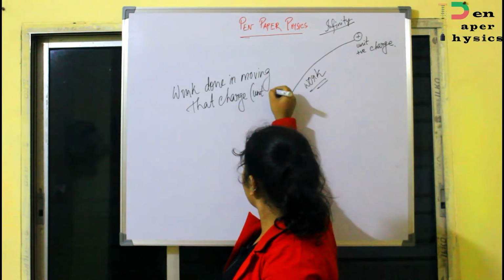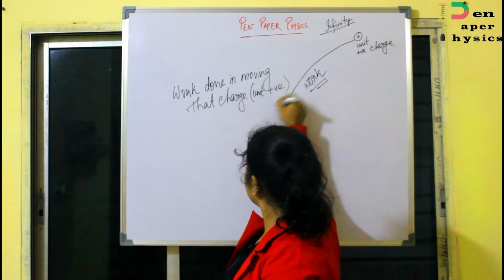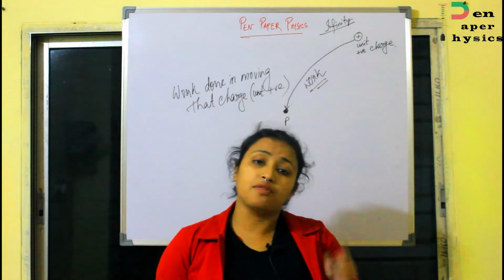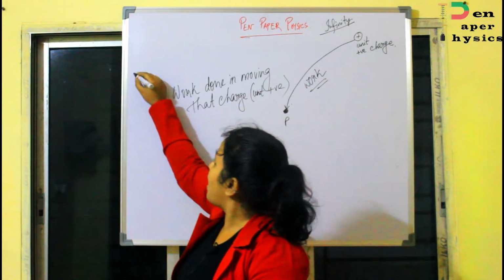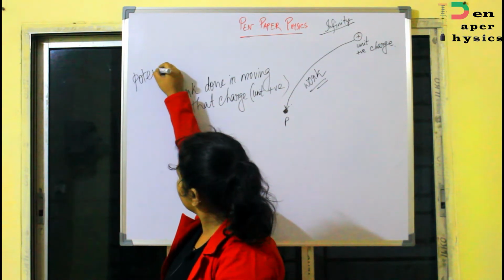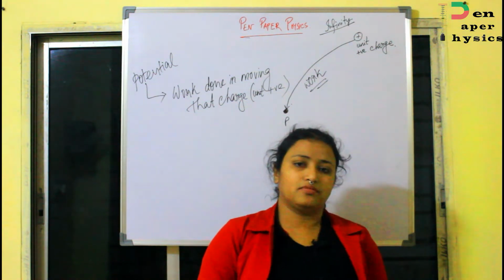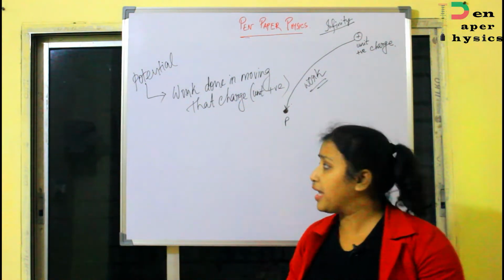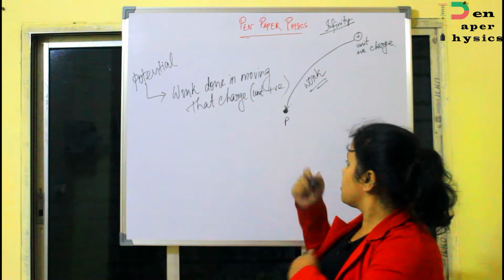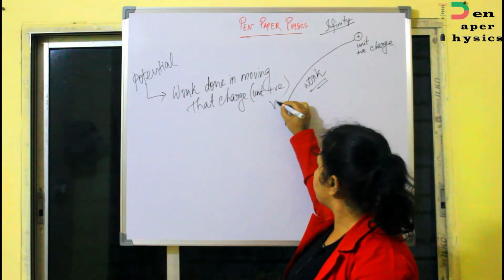Unit positive charge, is known as the potential of that point. Okay. Now I'll write that potential over here as Vp.